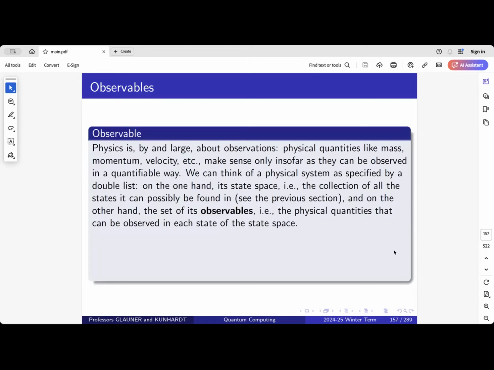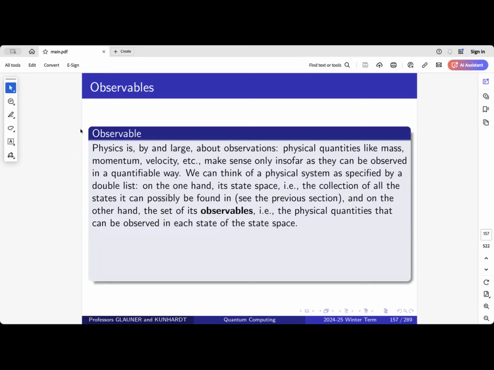Now, there are a few terms that you should at least have heard today, or should at least remember after today's lecture. When you read books on quantum mechanics, we've now looked at states in detail. There are lots of further pages in the textbook on so-called observables, because there is something that you want to observe in your quantum system.